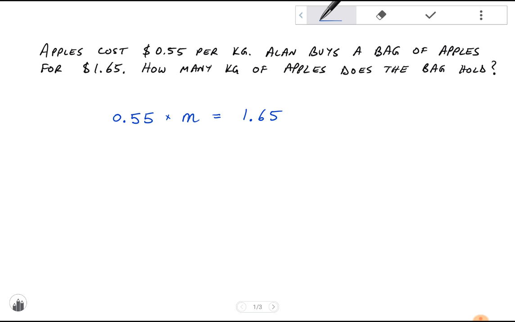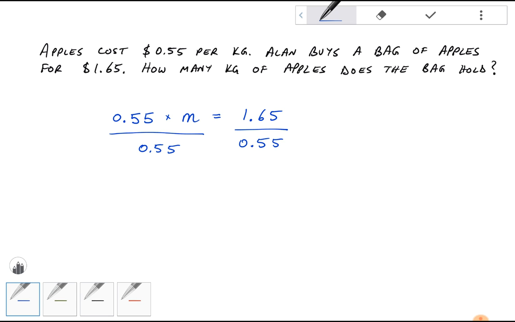So if we solve this for M, then we'll find out the mass, which is how many kilograms of apples are in that bag. So here we want just M on the left side. We have another value that multiplies by M. We do the inverse operation. So we divide the left side by 0.55. If we divide the left side by 0.55, we need to divide the right side by 0.55 as well.